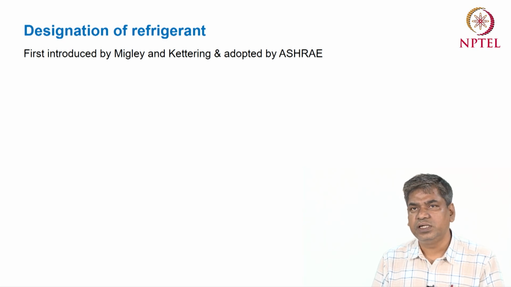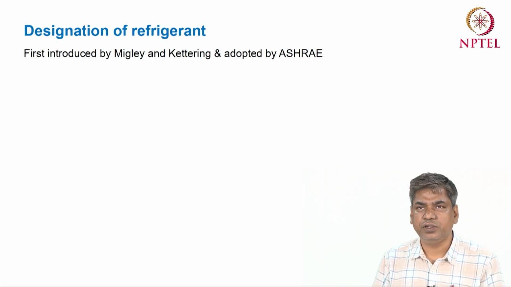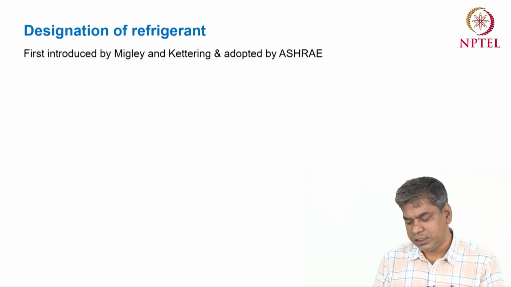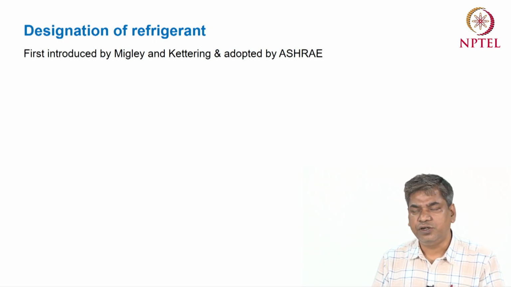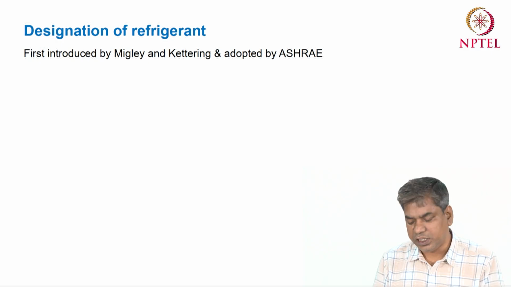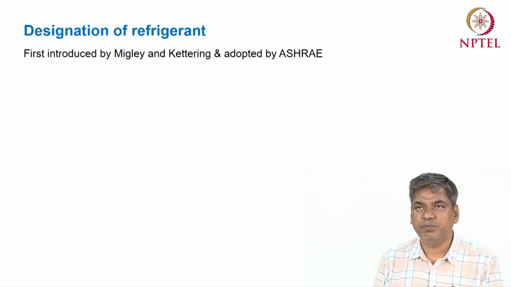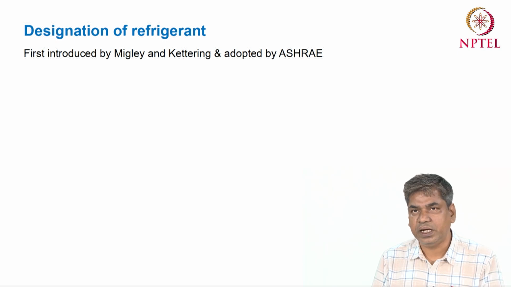That's why Midgley and Kettering introduced a nomenclature that is easy to remember, or we can say a code name for a refrigerant, and later ASHRAE adopted that nomenclature. So I will discuss the nomenclature of refrigerants type by type.